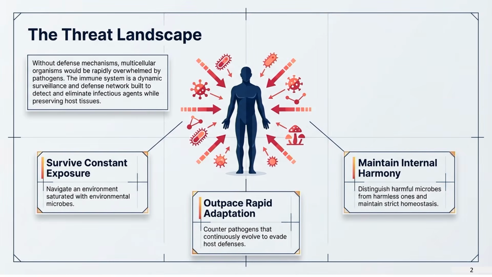If we look into the threat, the human body is a very complex structure. It has multiple organs, multiple systems, and each system is controlled by a variety of regulatory mechanisms.